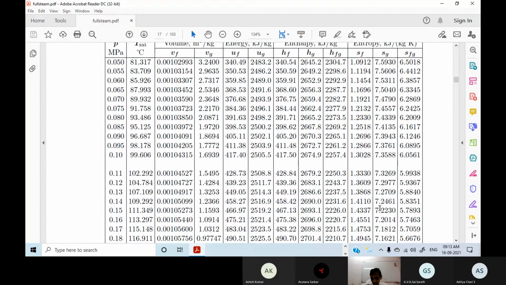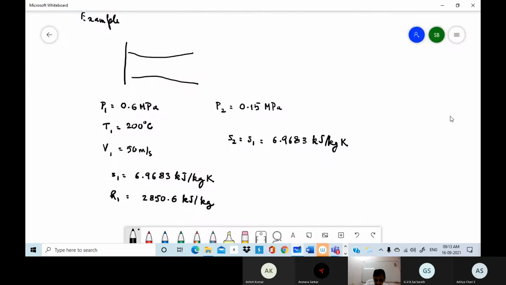So SF is 1.4337 and SFG is 5.7893. That is what will help us to calculate quality.